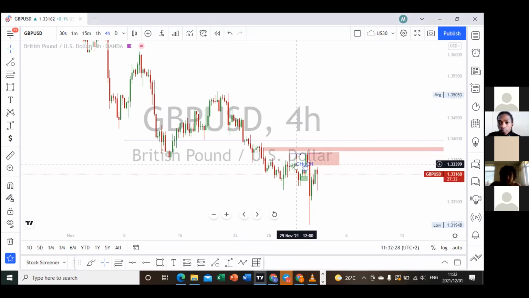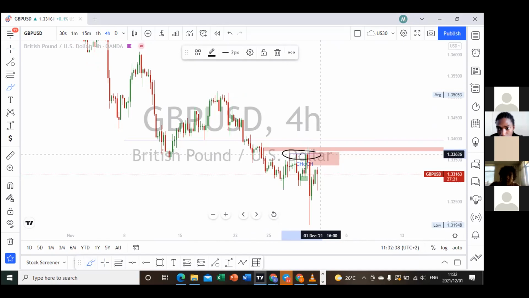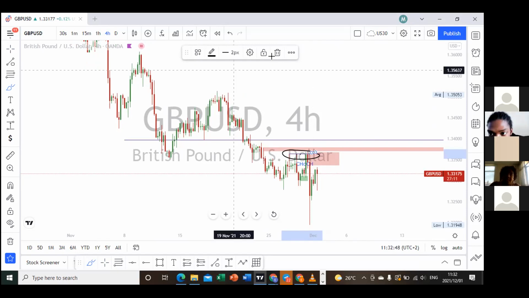If you can check here on the 4-hour, I said yesterday that if I experience a change of character here, if the market breaks above this area and closes above this area, that's when we'll be expecting a bullish momentum for a very long time. We can see that we clearly didn't see that.